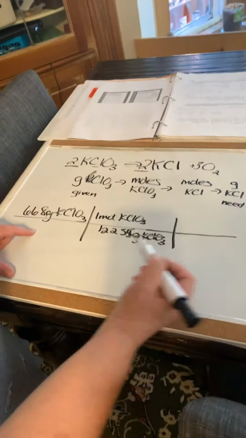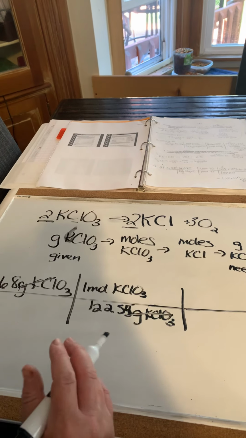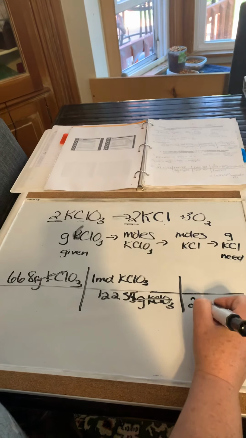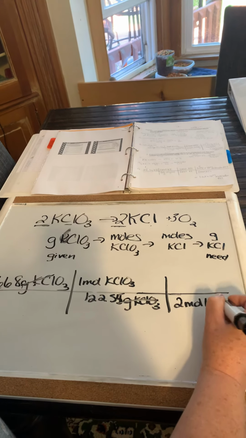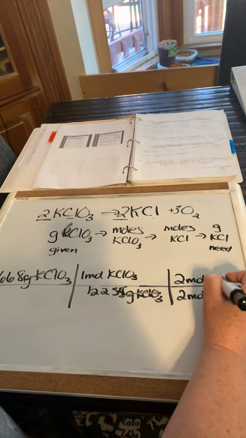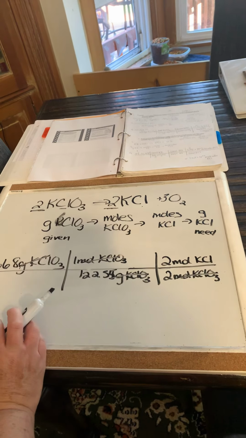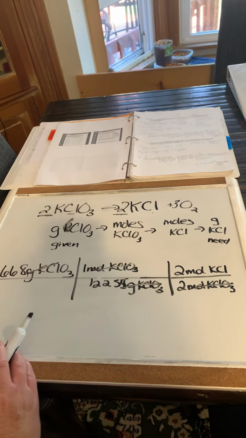Now here's where this whole thing, all comes to fruition, what we've been doing all this time. You have 1 mole of KClO3, but there's a 2-to-2 relationship between KClO3 and KCl in the problem. So what you're going to do is you're going to put 2 moles of KClO3 down here, and you're going to put 2 moles of KCl on the top. That means your moles of KClO3 are going to cancel, and you're going to be left with moles of KCl.